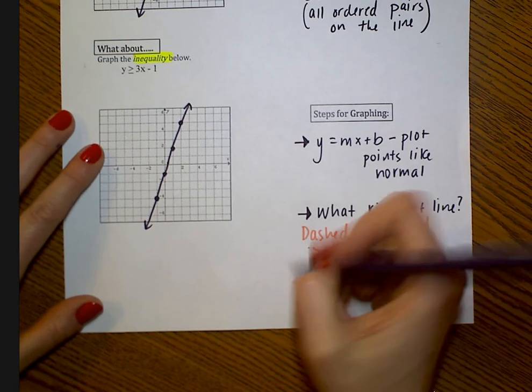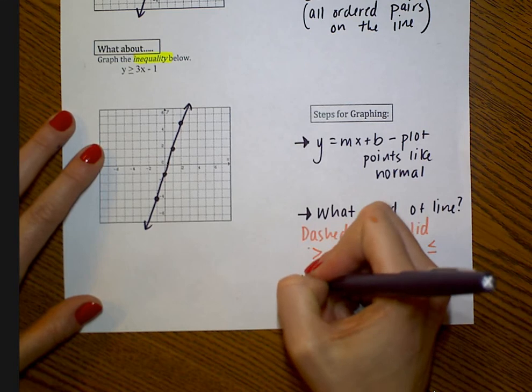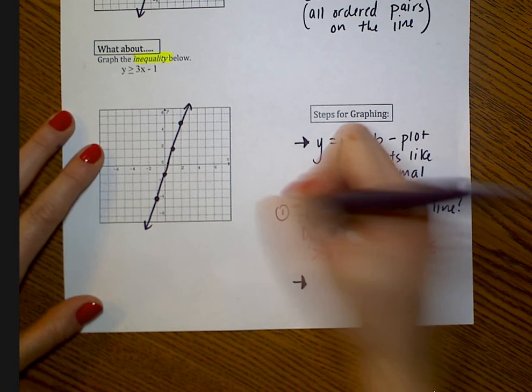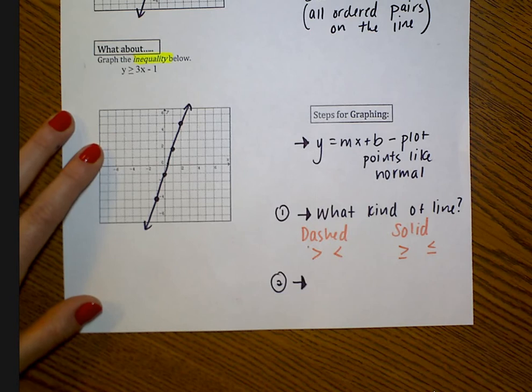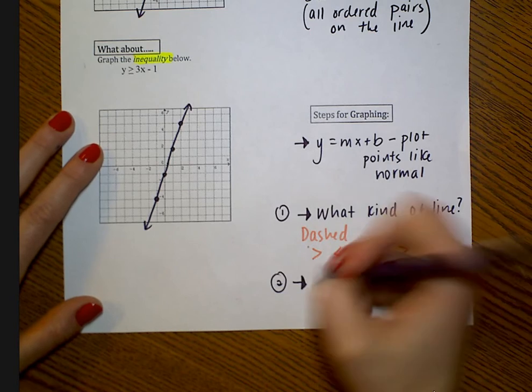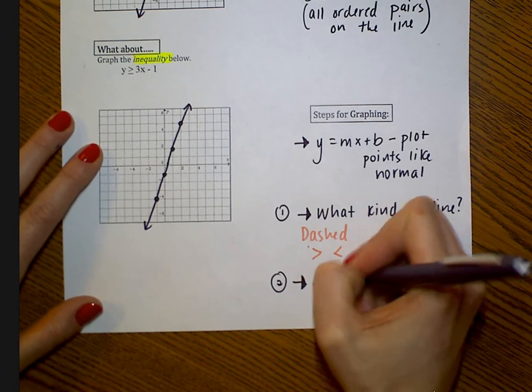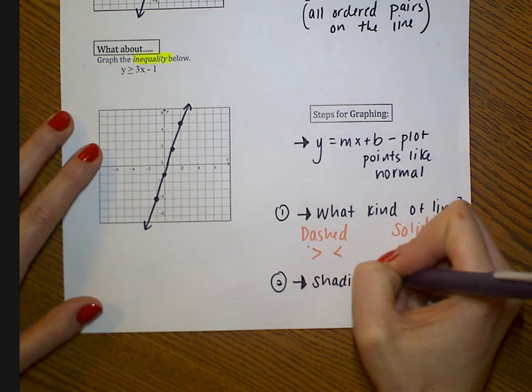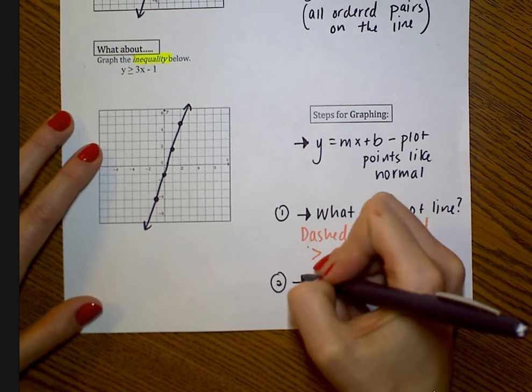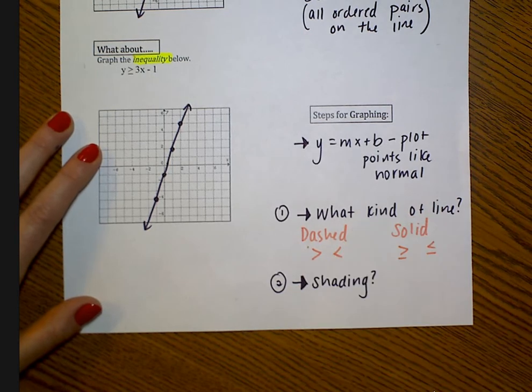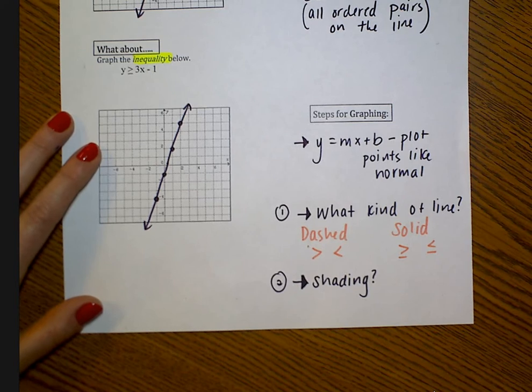The second thing that you have to figure out, so this is kind of like the first new thing, is where to shade. That sounds weird too. We've never had to do that before. If you remember when we graphed on the number line, we always had to do open circle, closed circle, and which way do you shade?